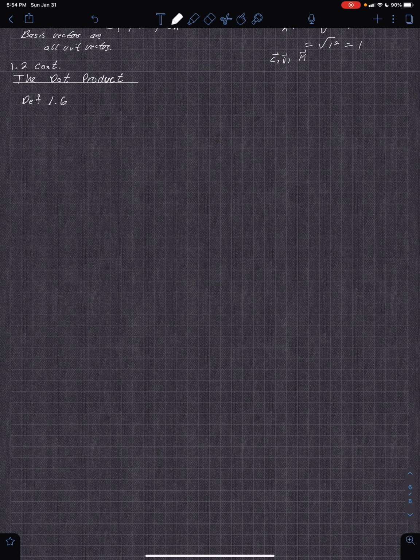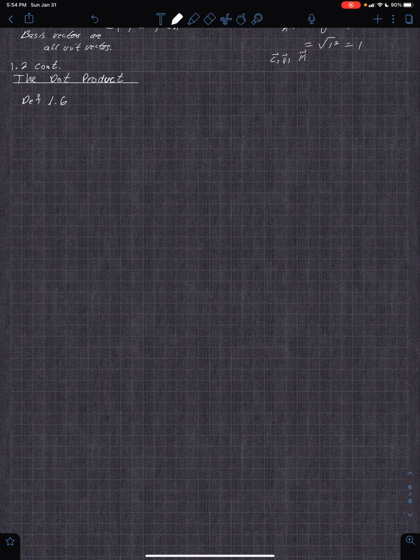Let's continue in 1.2 and define the dot product. We defined the dot product in Calc 3 in 2D and 3D, but now we want to do it in general.